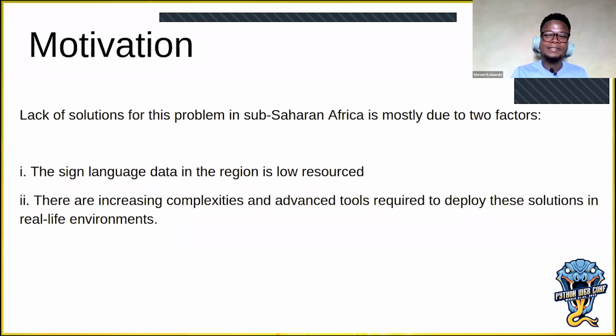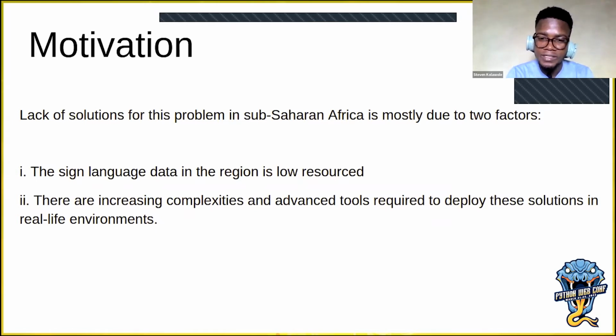So, yeah, during our research, we discovered that the lack of solutions for this problem in Sub-Saharan Africa is mostly due to two factors. The first one is that sign language data in the region is extremely low resource, right? So when we were doing our study, we realized that only two sign language data sets exist in the sub-Saharan Africa space.